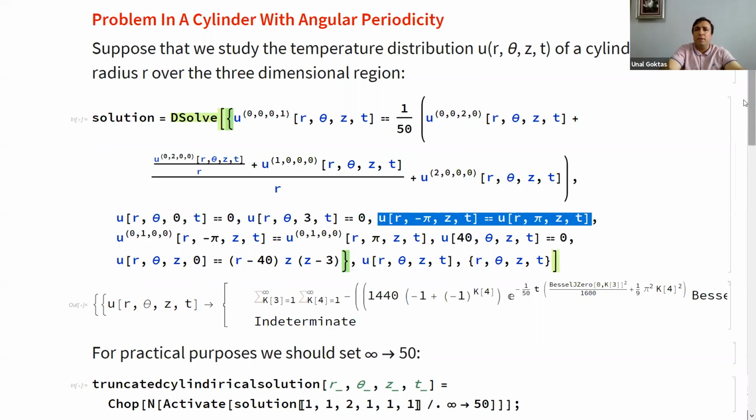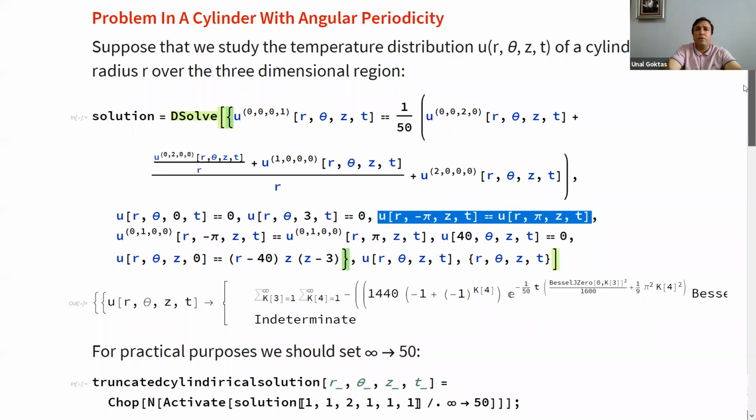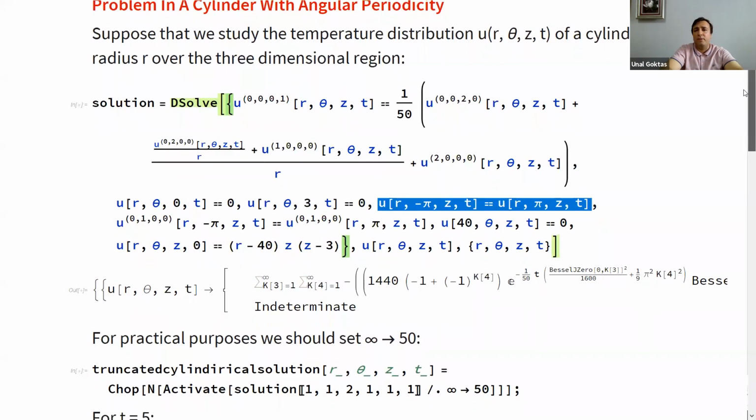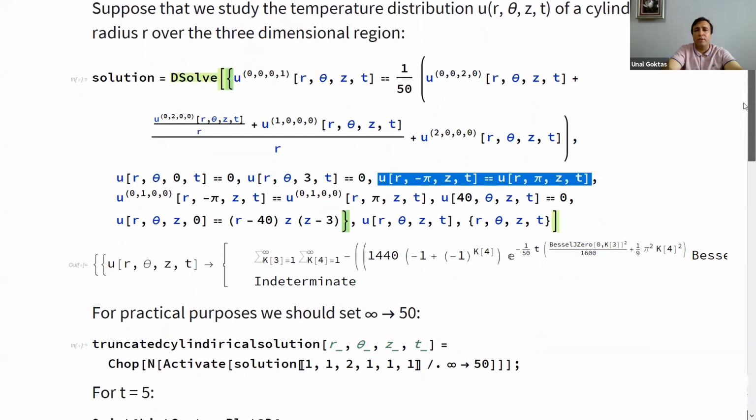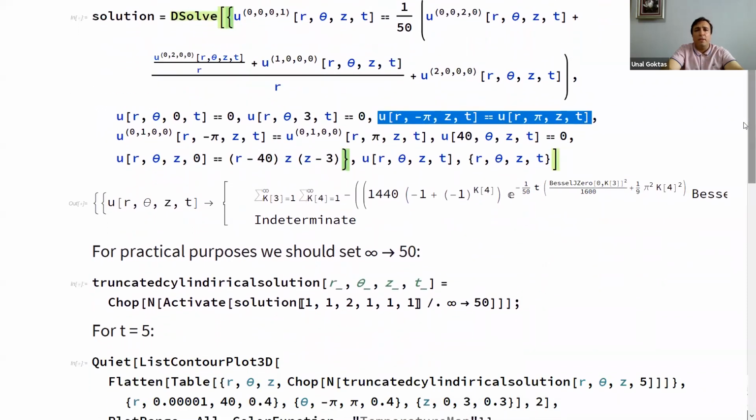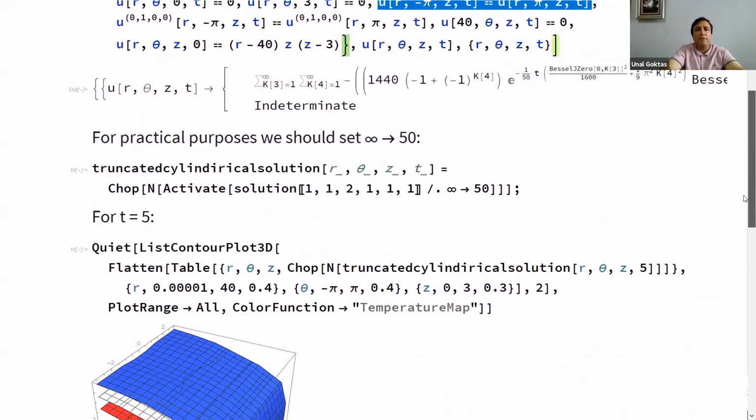In this case, we look for solutions with periodic boundary conditions, and we compute the solution. And again, we have a double summation, and we compute the truncated solution.